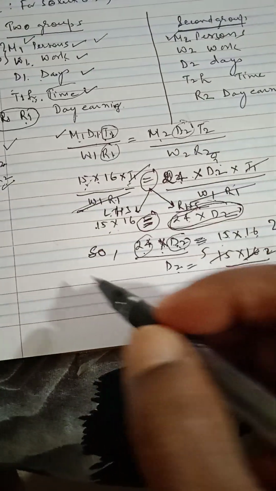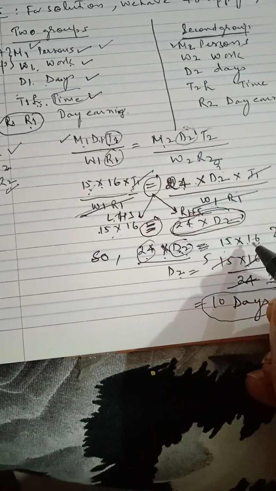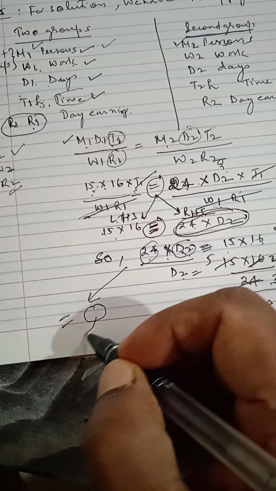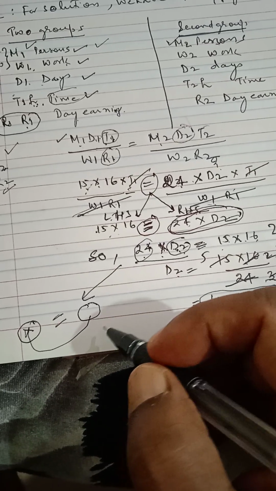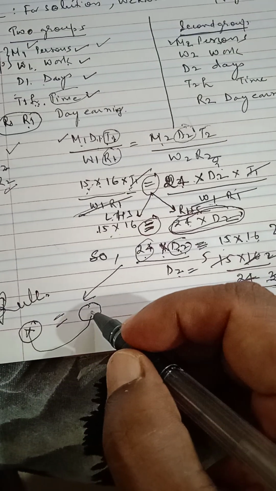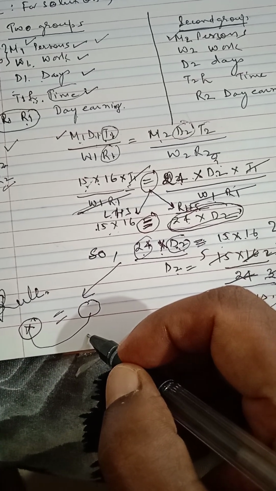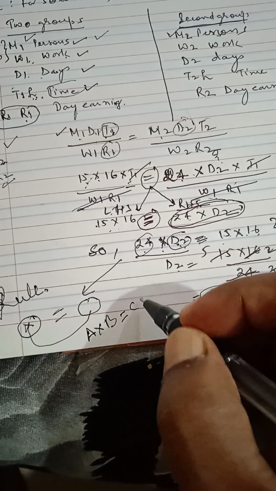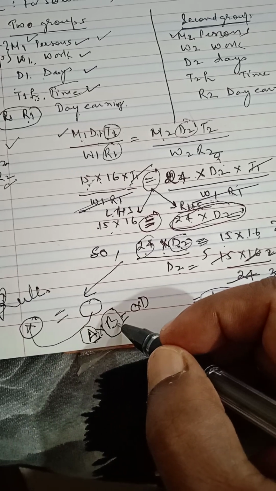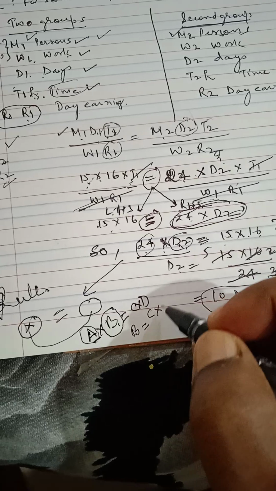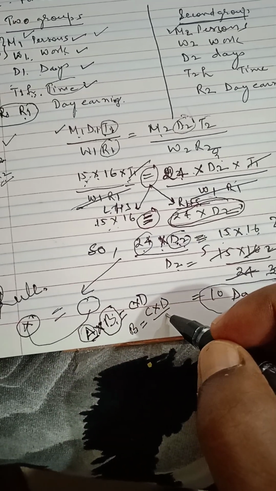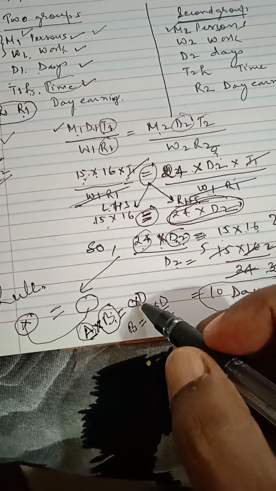Here the rule is that if there is an equal sign, then all the terms on one side of this sign can be transferred to the other side. The next rule is, if there is a multiplication factor, suppose A into B is equal to C into D, then A is the multiplication factor of B. If you find B, it equals C into D divided by A, because the multiplication sign is converted into a division sign.